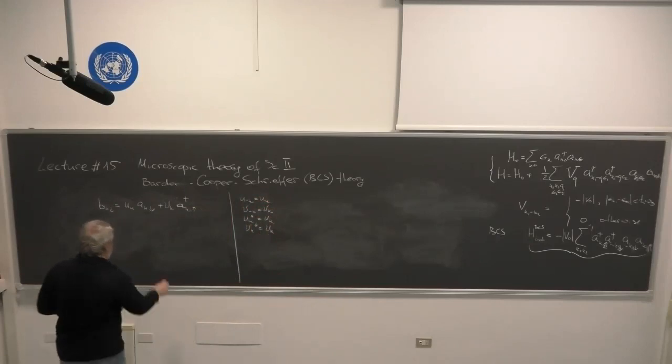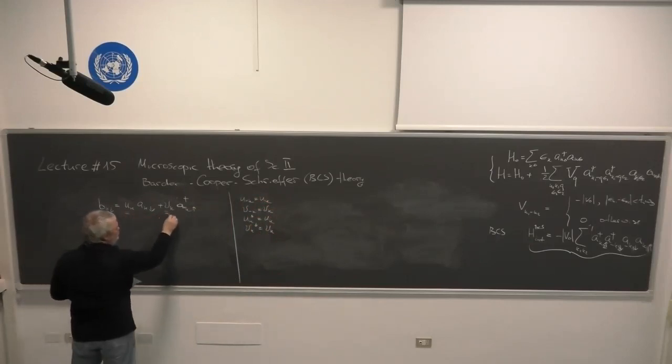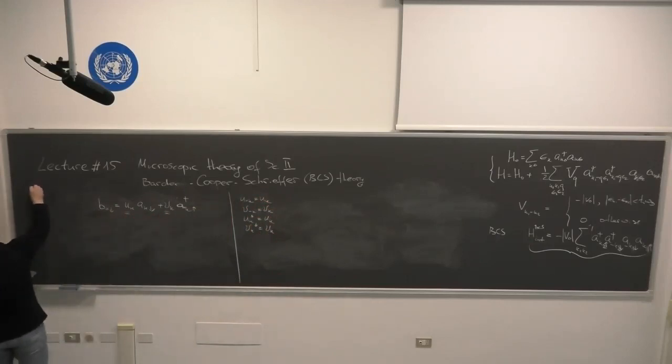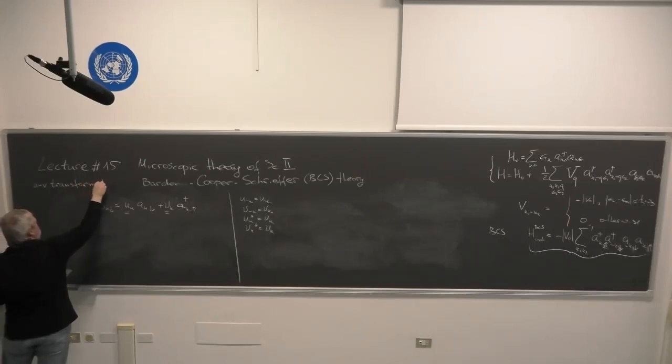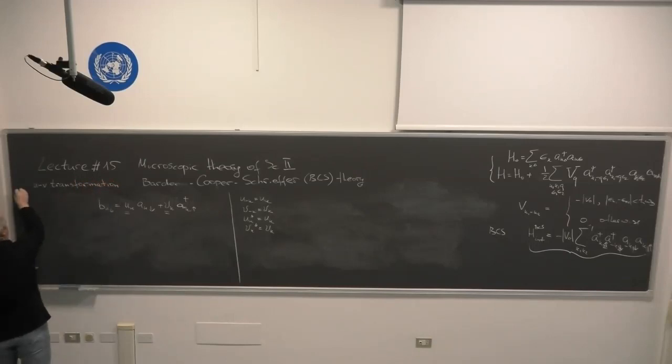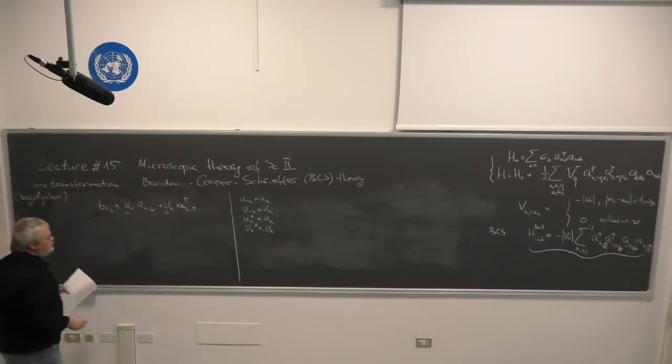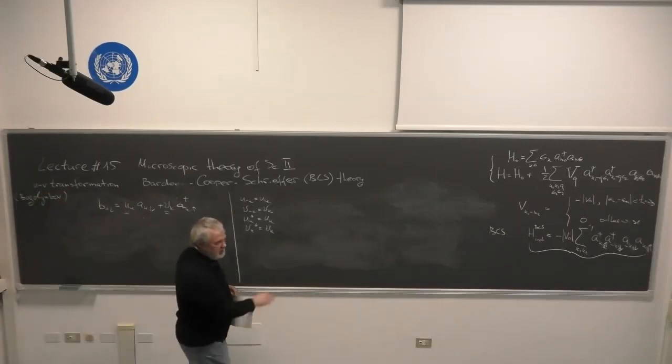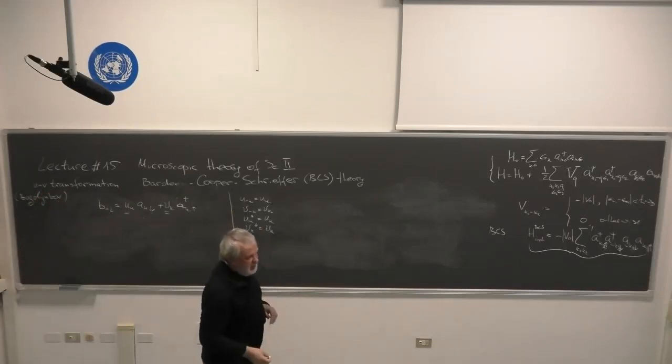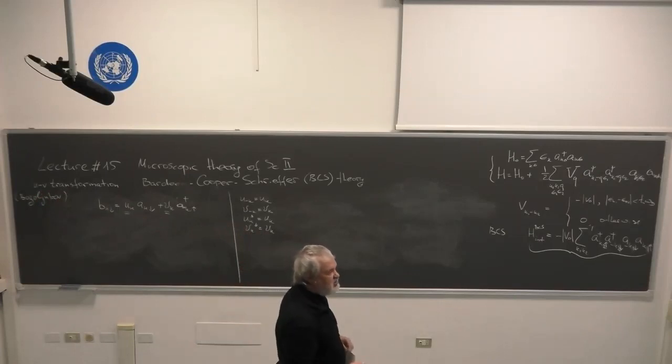So the coefficients u and v which I introduced here, this is the u-v transformation, or Bogoliubov transformation. I make this conjecture that the coefficients behave in this way, and after proceeding with calculations, I will see if my conjecture is correct or not.